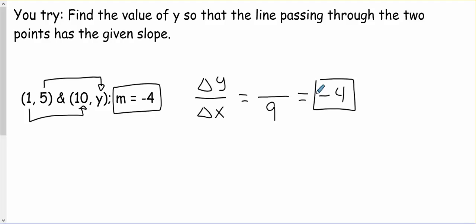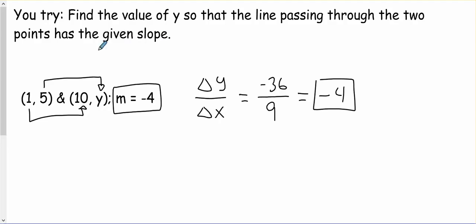Well, here's what you could do as well. Just multiply 9 times negative 4. What's 9 times negative 4? Negative what? Negative 36. So this change in our y values needs to be down 36.